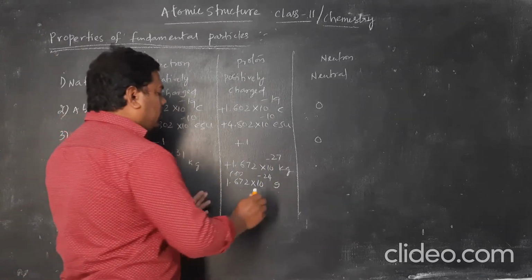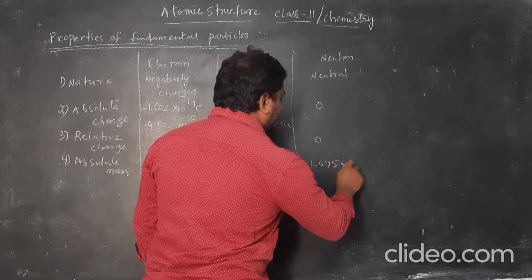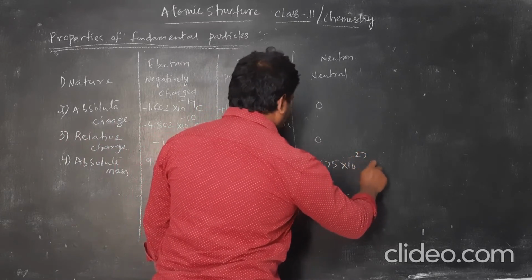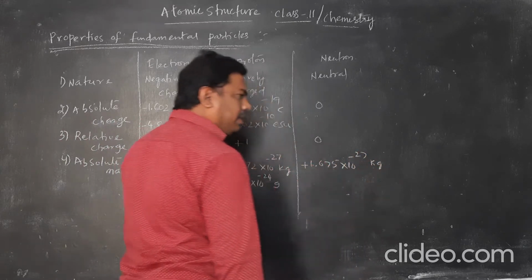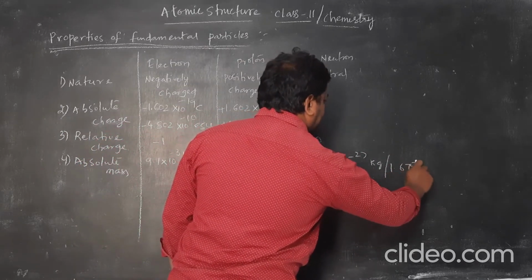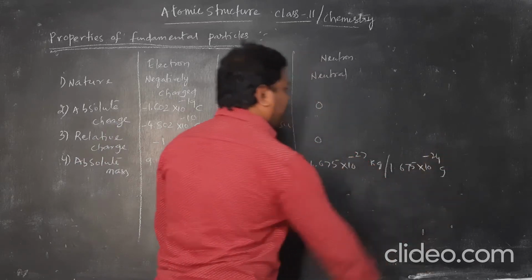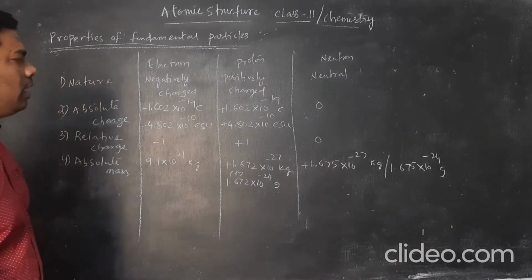Only slight changes here. For neutron it is 1.675 into 10 to the power of minus 27 kilograms, or 1.675 into 10 to the power of minus 24 grams. So that is the absolute mass.